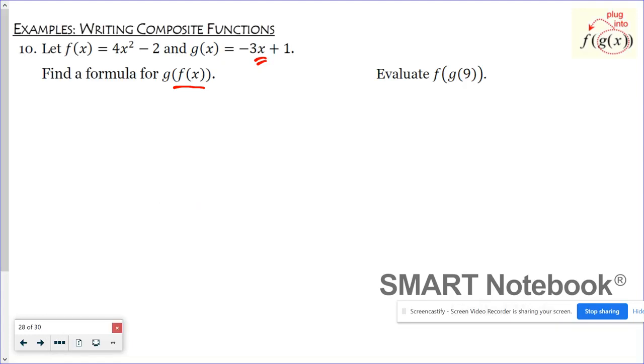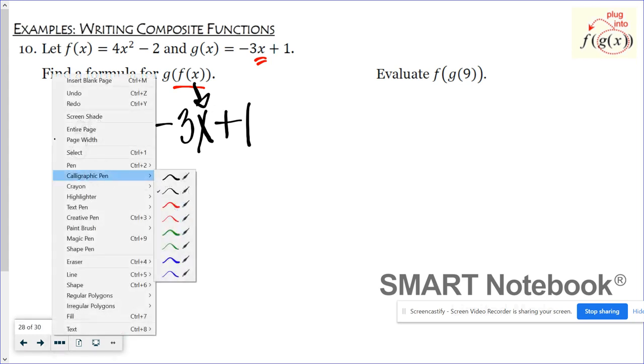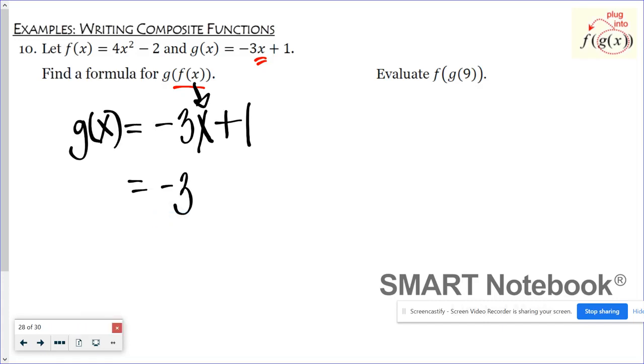Okay, so we know that g of x is equal to negative 3x plus 1. So what I'm going to do is plug f of x in. So this is going in here. Now I can do that using that function notation that was illustrated on the previous slide. So I'll do that.